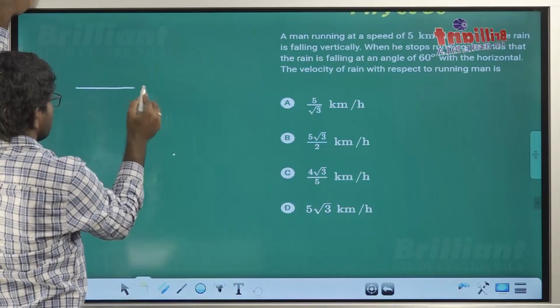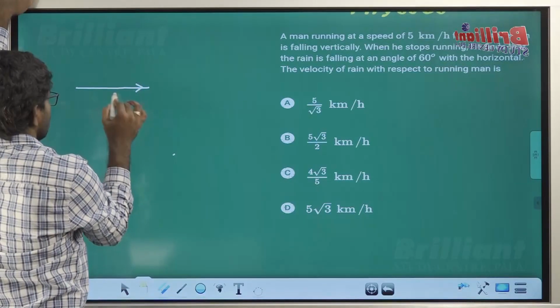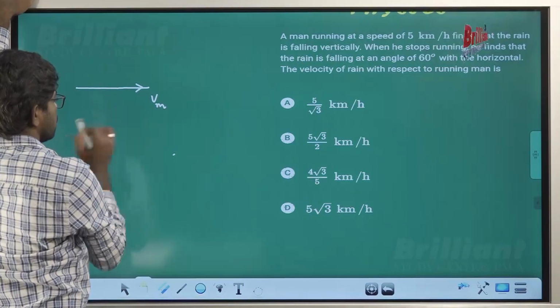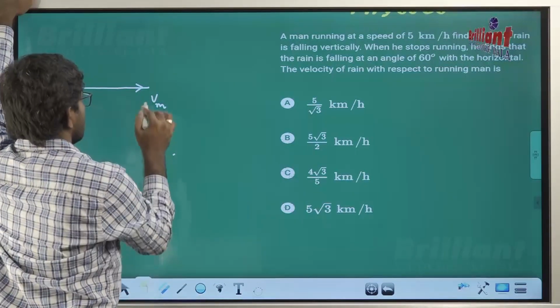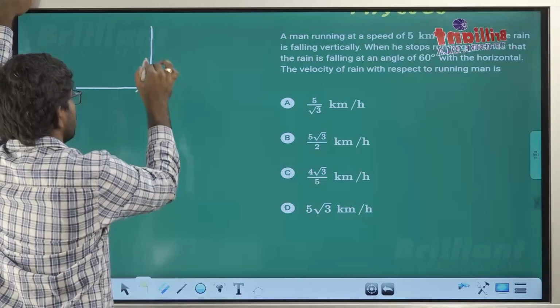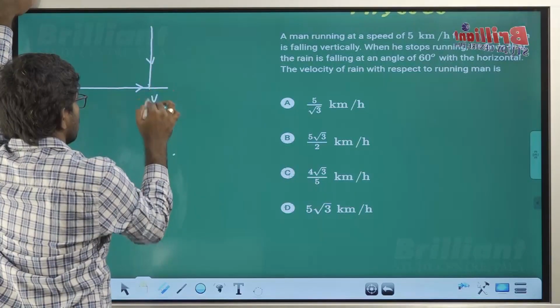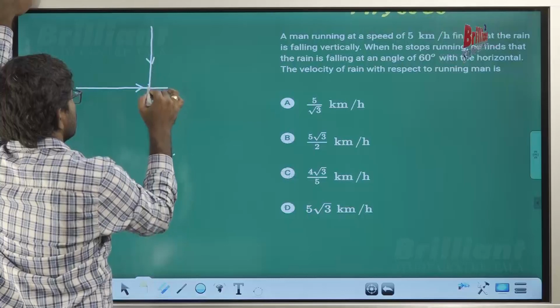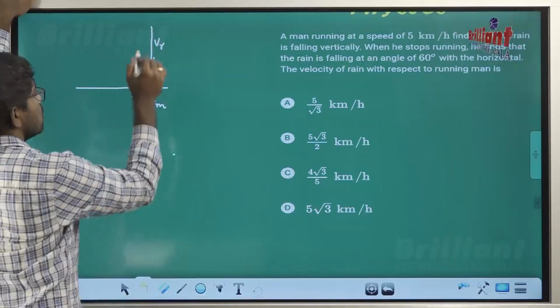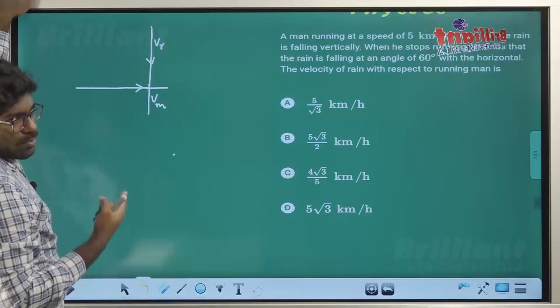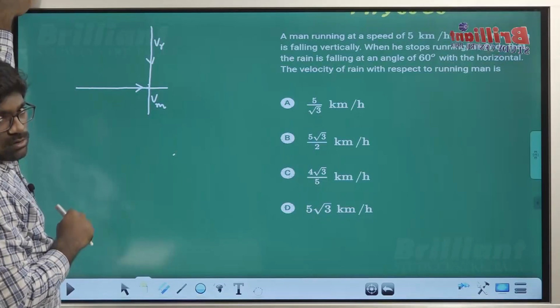See, when a man is running, this is the velocity of man, right? It's given that rain is falling vertically. Okay, this is the velocity of rain with respect to man, because the man is running here.